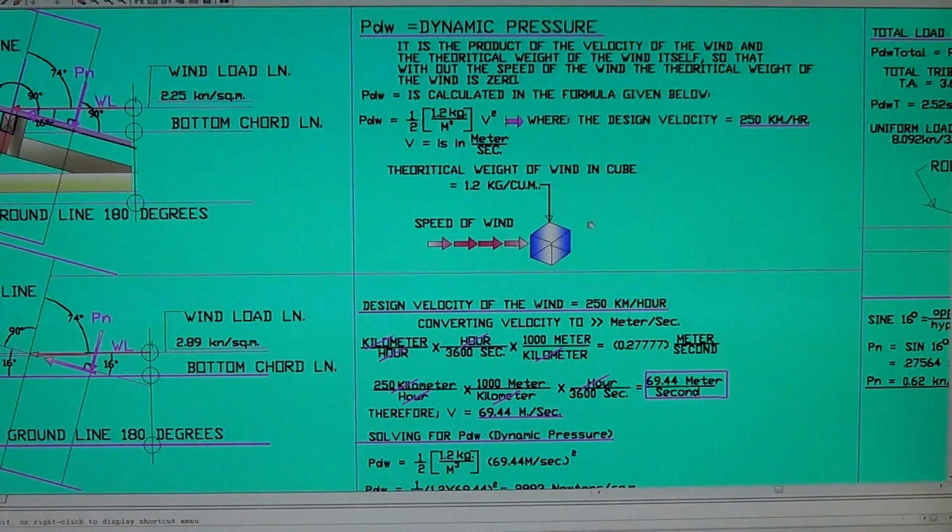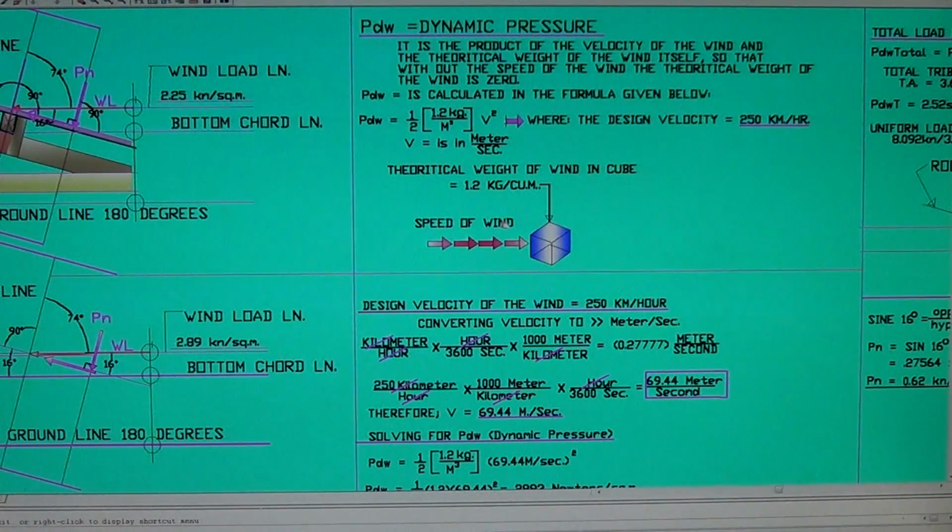Okay, here's the theoretical illustration of the dynamic pressure. It's like in 1 cube, 1 cubic meter, it has the wind inside that cube, calculated to be 1.2 kilograms per cubic meter, and this is the speed of the wind pushing it to become a magnitude of a load when it's applied to a tributary area.